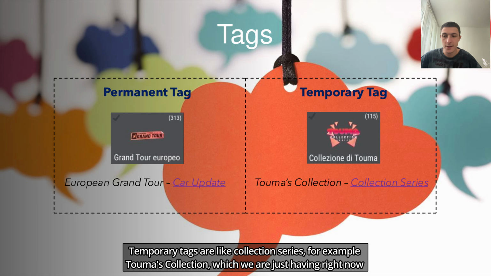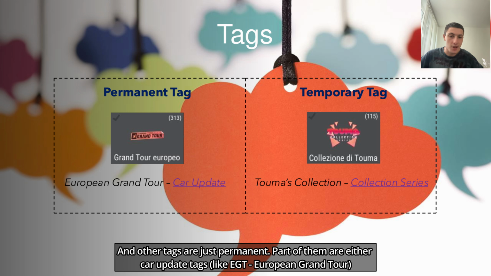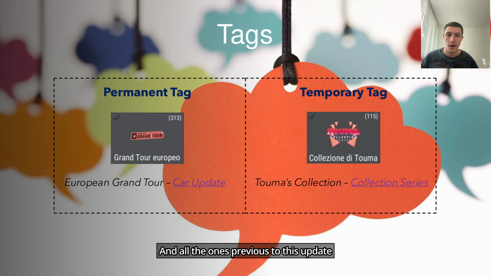The temporary tags are like a collection series tag, for example Tuma's collection, which we are just having right now in the game. And other tags are just permanent. Part of them are car update tags like EGT, so European Grand Tour, and all the ones previous to this update.